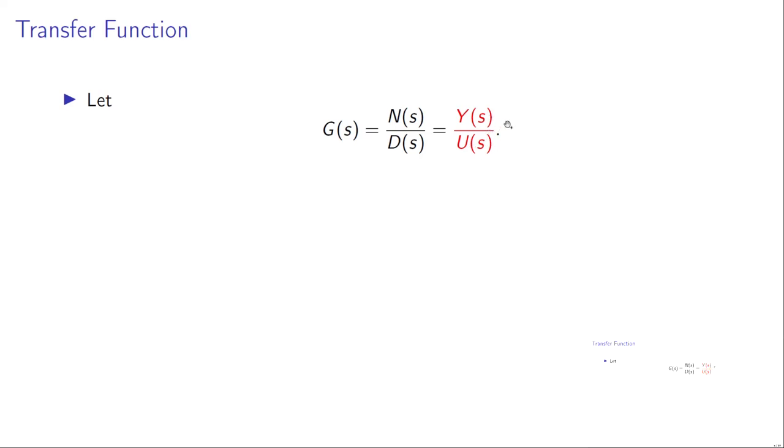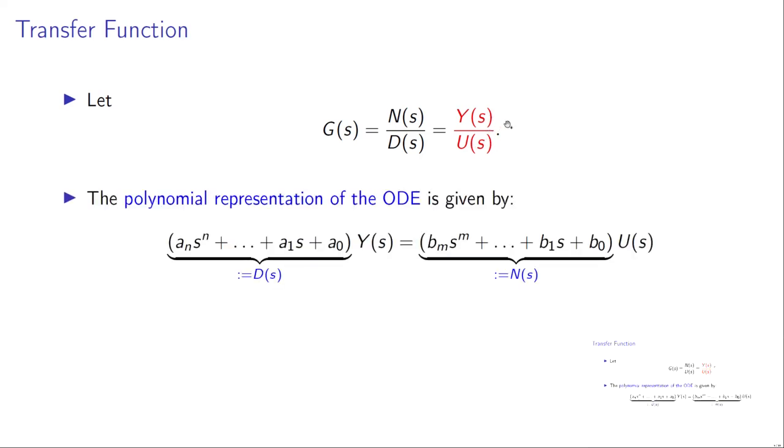So s here is from the Laplace transform. The polynomial representation of the ordinary differential equation is given by D of s times Y of s, this crossed product here, is equal to N of s times U of s.